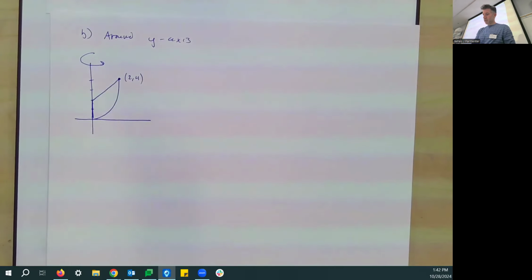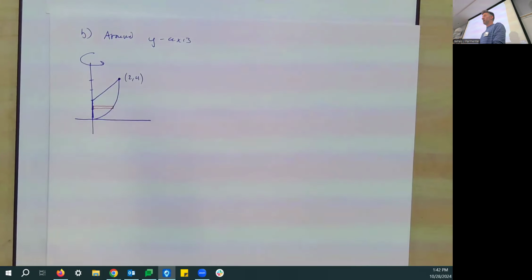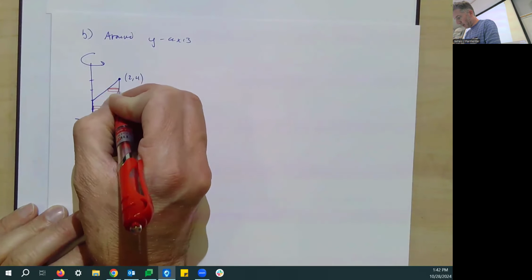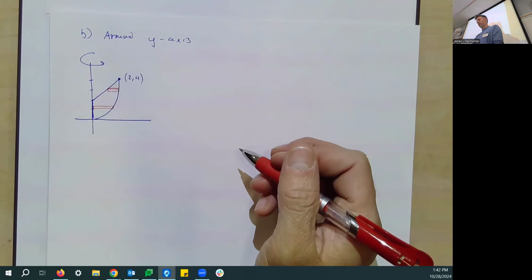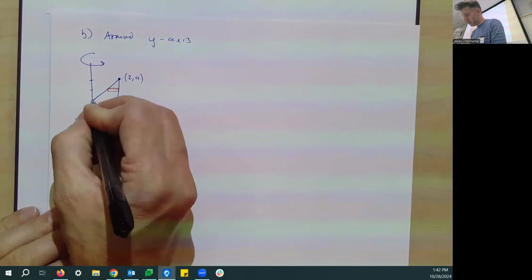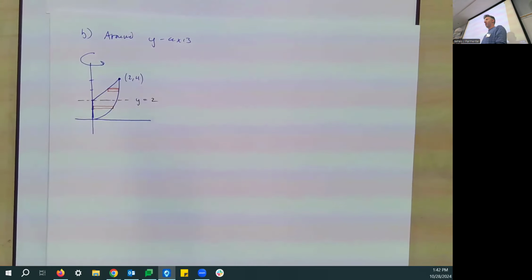And in this case, depending on where we draw our perpendicular strip, if I draw it here, I get to use the disk method because my inner radius is 0 and my outer radius is the further away function. But if I draw my strip here, I have to use the washer method. And my inner radius is now the line and my outer radius is now the parabola. Okay. So we're going to break it up here at y equals 2. That's our kind of boundary.